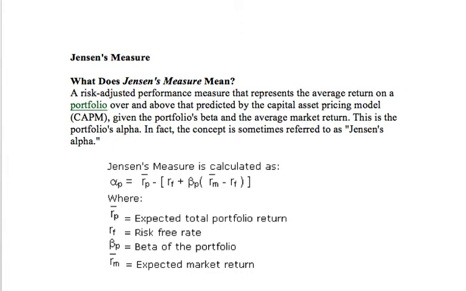Now, the beta for the market, i.e. Dow, S&P, NASDAQ, will always be 1. So that becomes a so-called benchmark. We also refer to that as a risk factor.